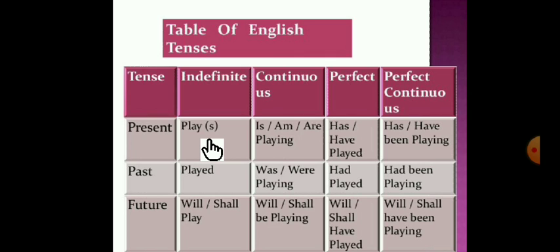When there is a plural subject, you write the plural verb play. So there should be subject and verb agreement. So here, in the simple present play and the present continuous, it comes is slash am slash are playing.